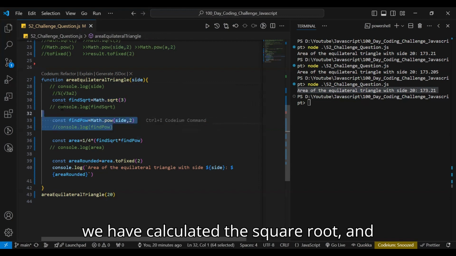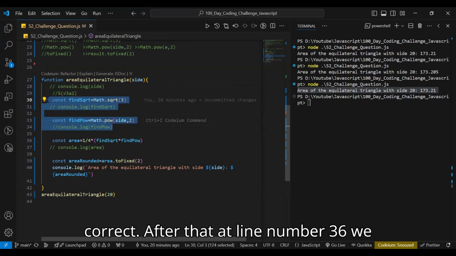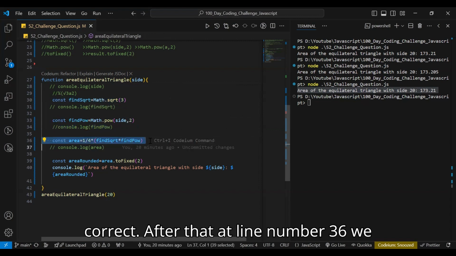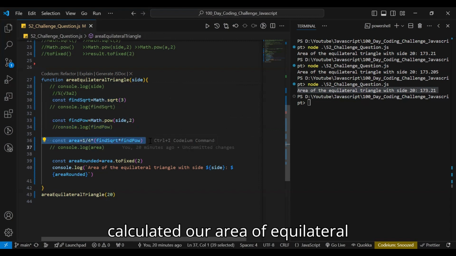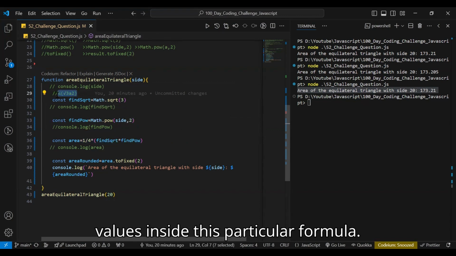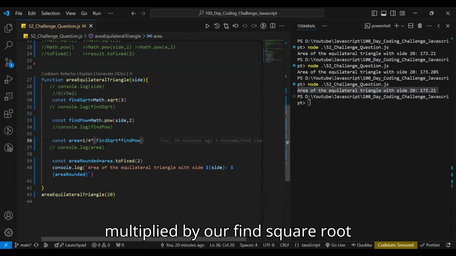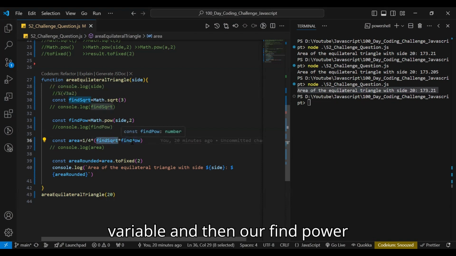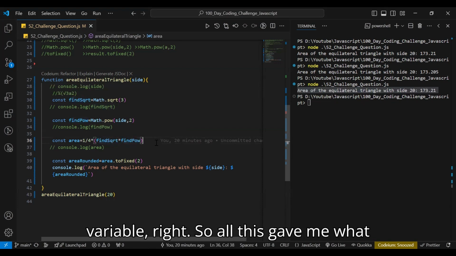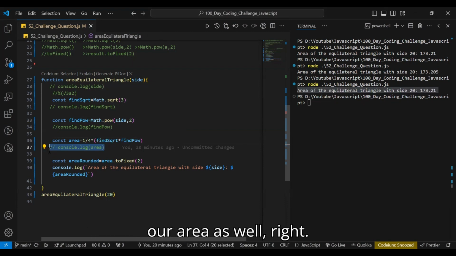So here we have calculated the square root and the side square, correct? After that, at line number 36, we calculated the area of the equilateral triangle. So we substituted all the values inside this particular formula: 1 divided by 4, multiplied by our square root variable and then our power variable, right? So all this gave me the area. So at line number 37, we found our area as well.